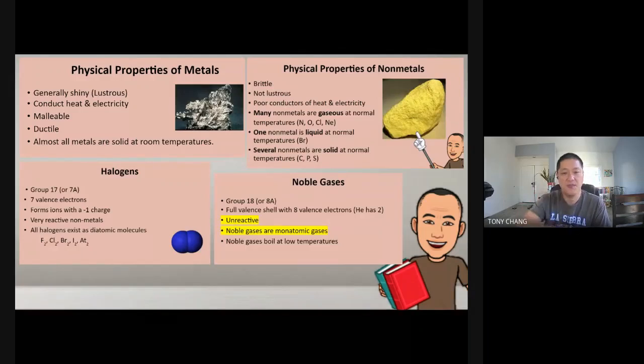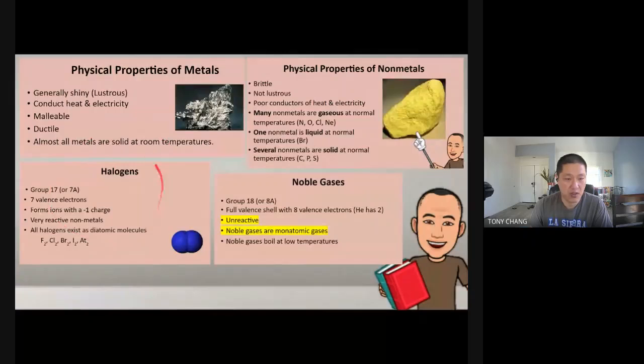Okay. Next, nonmetals, basically the opposites of metals. The only one that's liquid at room temperature is bromine. So there are only 2 elements on the periodic table that are liquid: Hg, mercury, and Br, bromine. Those 2 are liquid. Everything else is going to be solid. Okay, why am I mentioning that? You're going to have some questions on it.